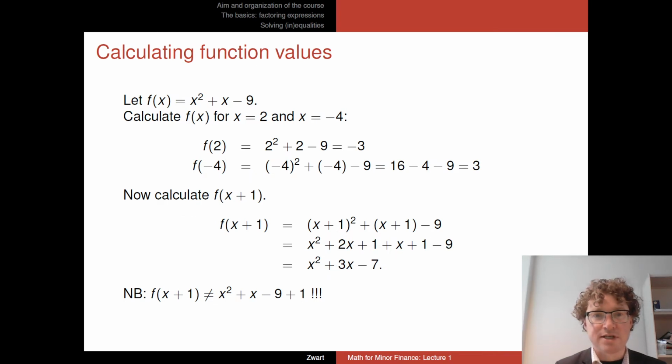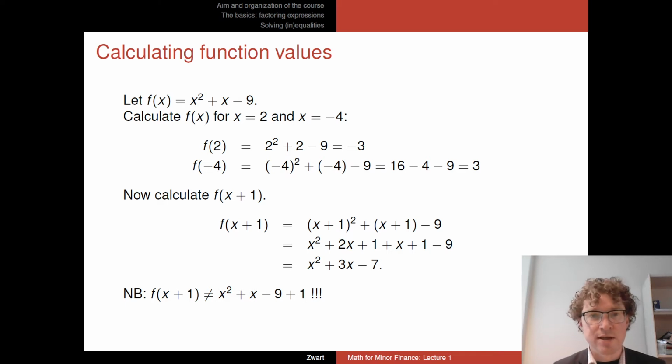Let's have a look again at what this means. For an example, this function might be given as f of x equals x squared plus x minus 9. That's a rule that allows you to assign a new value to any x that you put in. How would you do that? Suppose x equals 2, and we would like to know the function value for the input x equals 2.